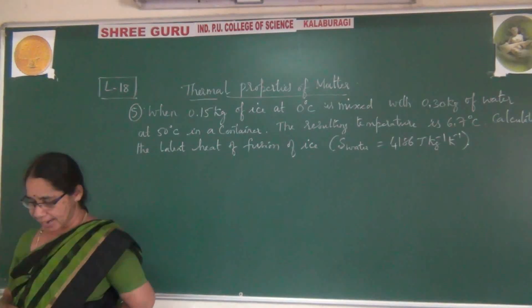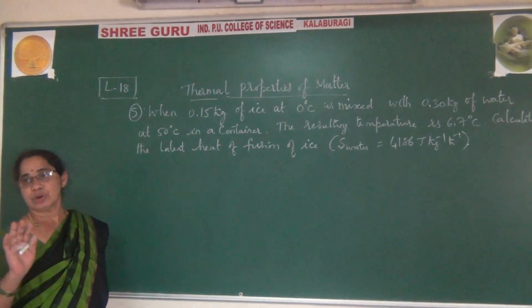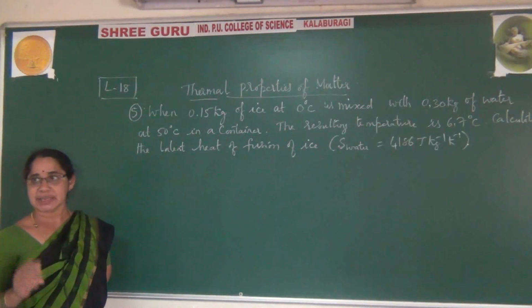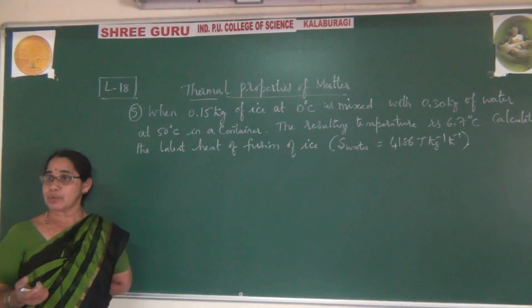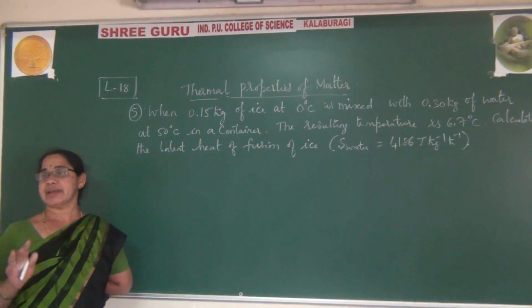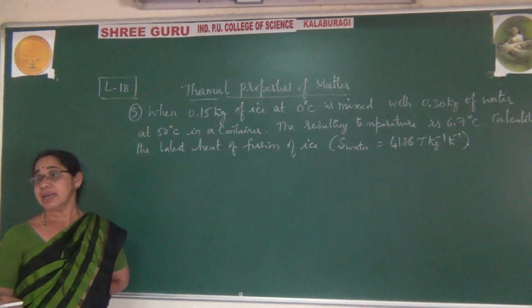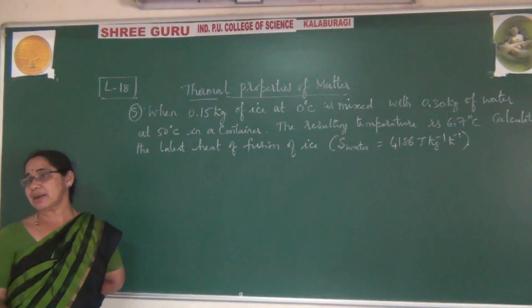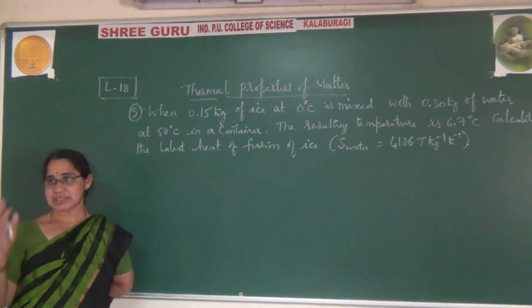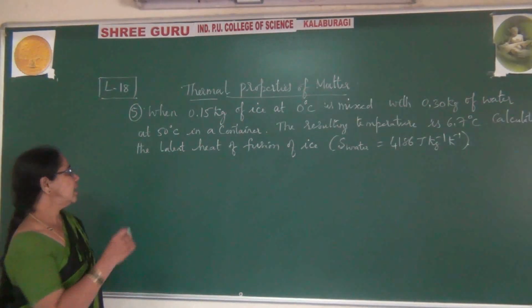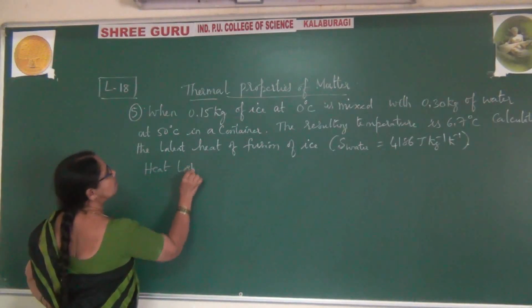So this is the principle of calorimetry we are using here. Which is losing heat? Water is losing the heat. Earlier it was 50 degrees centigrade and it is changing, so it is losing temperature. So the first step is heat lost by water.